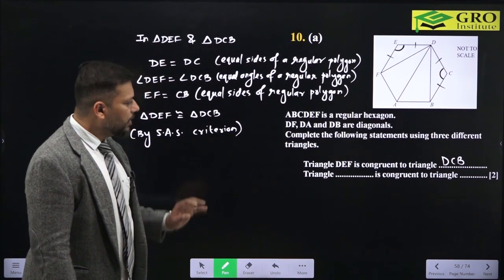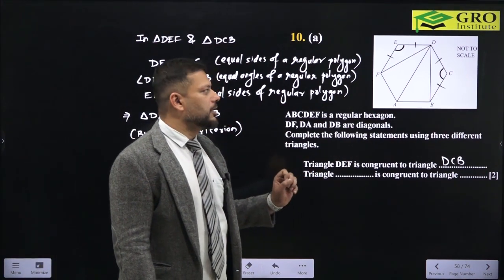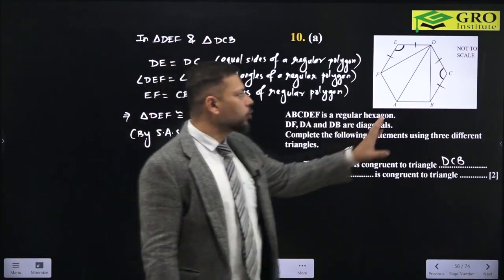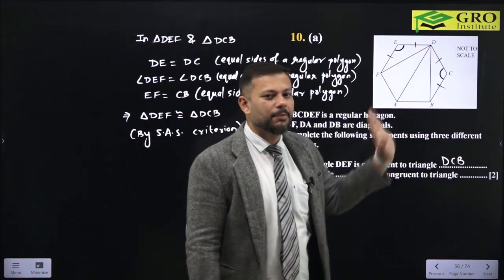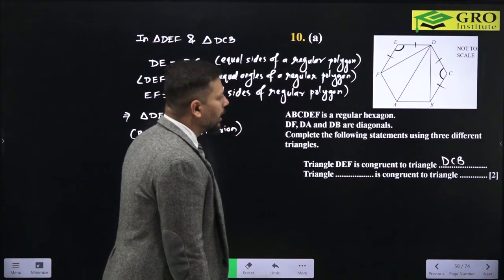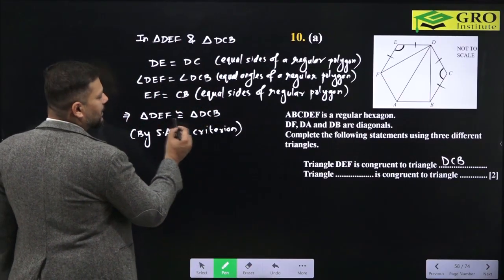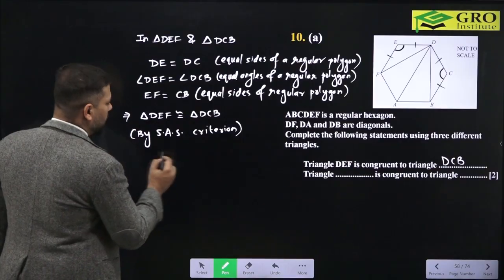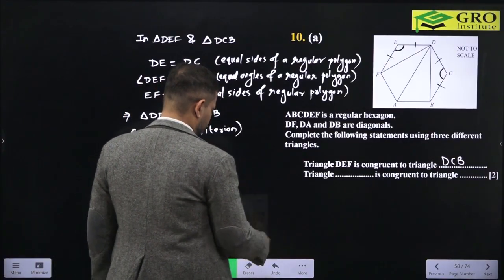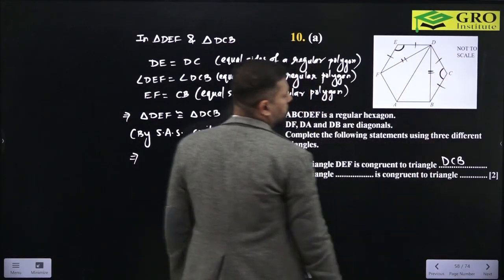Moving ahead, we have to again tell that there are two more triangles which happen to be congruent to each other. So we see that only triangle DAF and DAB are left. So are they congruent to each other? To check it, let us look at it. As we know that triangle DEF is congruent to triangle DCB, that also implies that this side is equal to this one, isn't it?